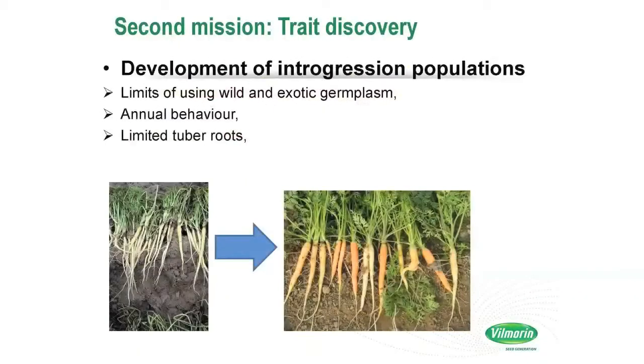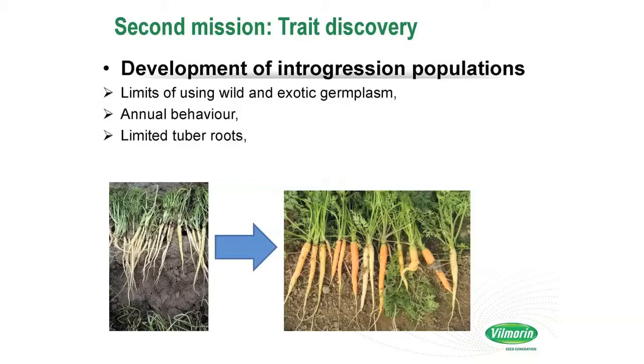When you cannot, typically when you want to evaluate some disease on the foliage, like for instance Alternaria, you know that wild germplasm is annual, and bolting will prevent a good phenotyping system. So the goal is that we try to transfer by crossings to a kind of normal roots.